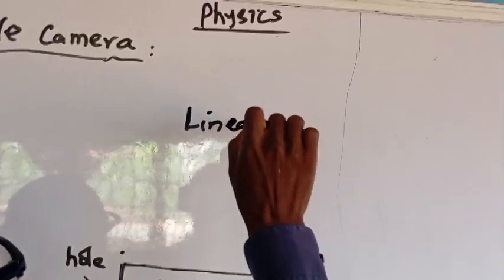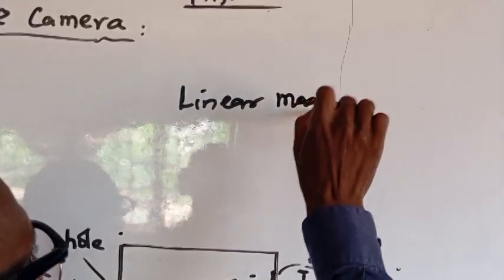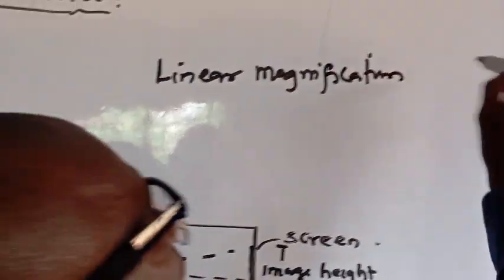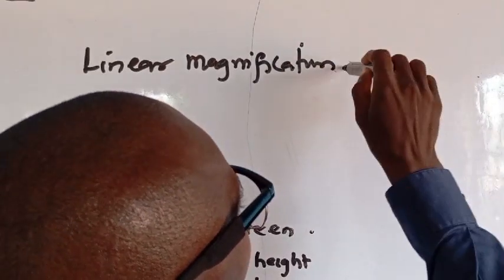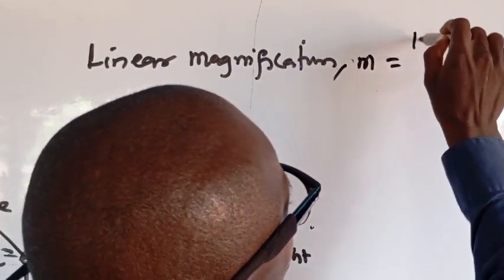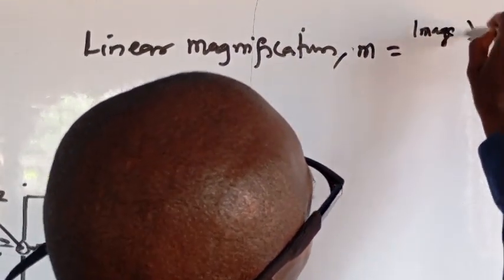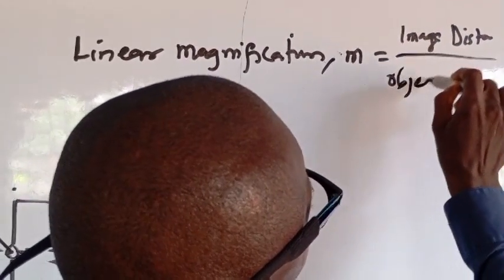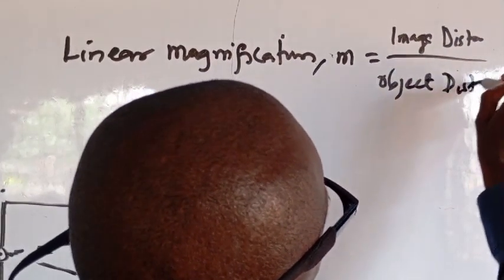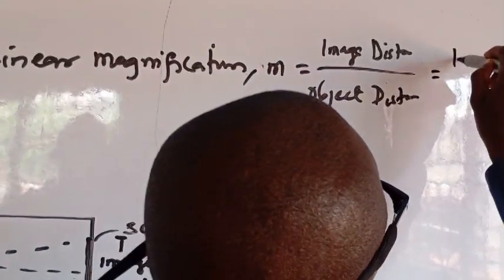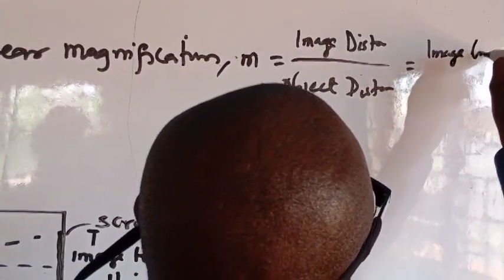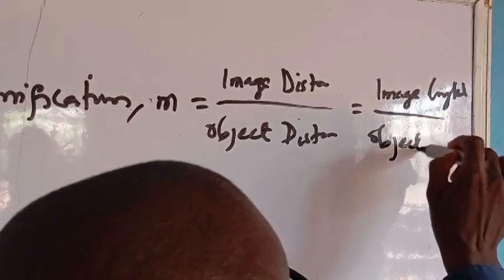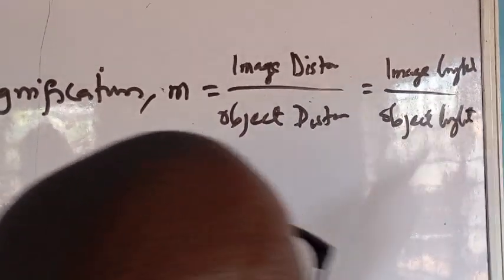This is how we write the linear magnification. M becomes image distance over object distance, equals image height over object height.